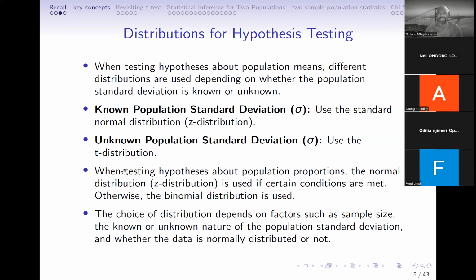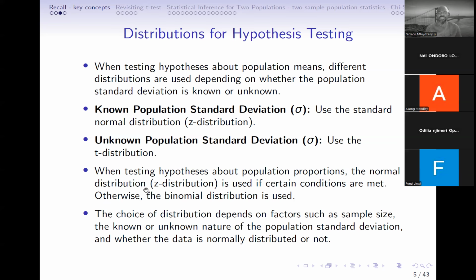For this course, you would tend to focus on the Z distribution, but you should also be aware that if the conditions are violated, then, at least conceptually, you should know that you should use the binomial distribution. You can also study the binomial distribution from the textbook that we are using. We haven't gone into the details of that distribution during the lectures.